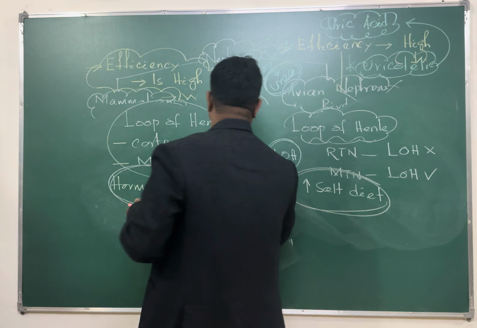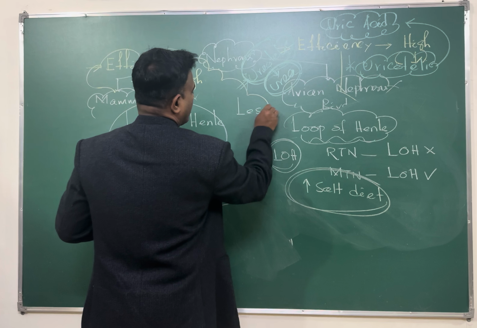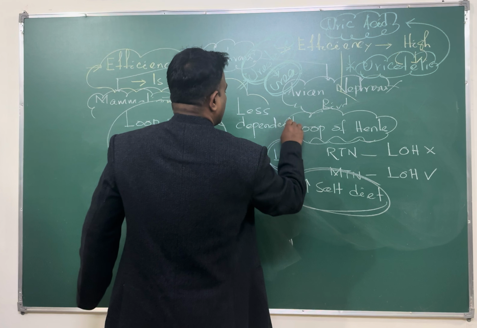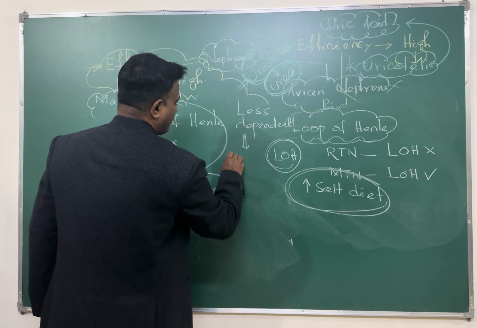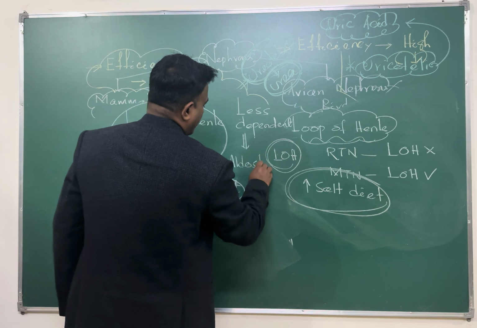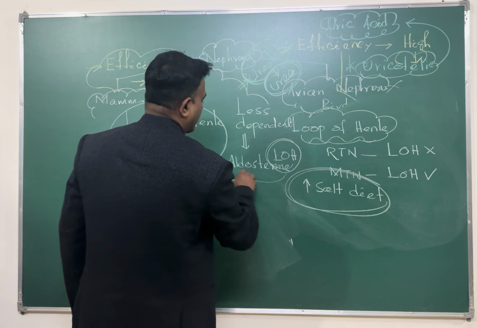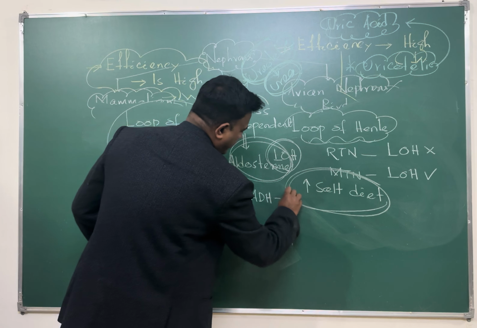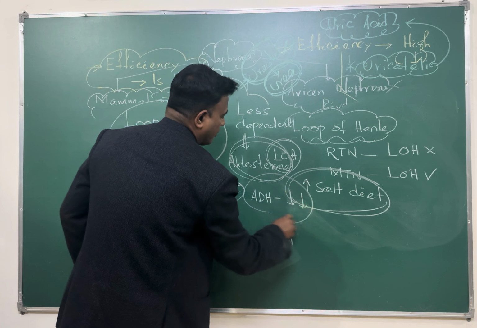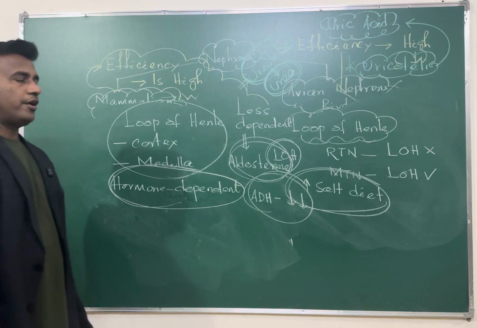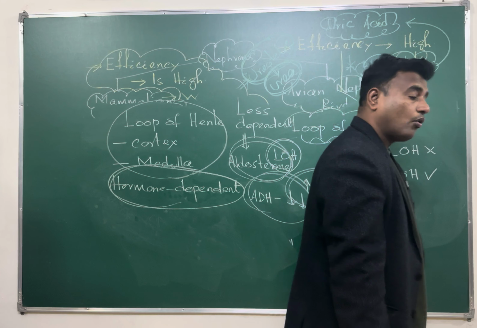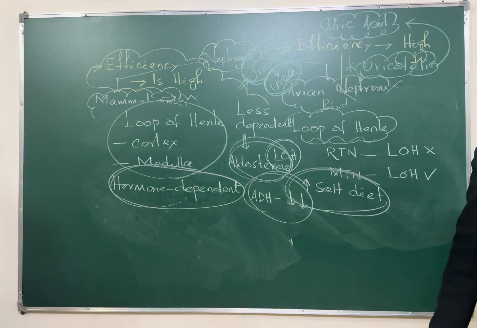But here it is less dependent on the hormones. No doubt aldosterone may play a key role, but ADH dependent mechanisms are poorly developed. So these are some of the points which make the mammalian nephrons more efficient compared to the avian.